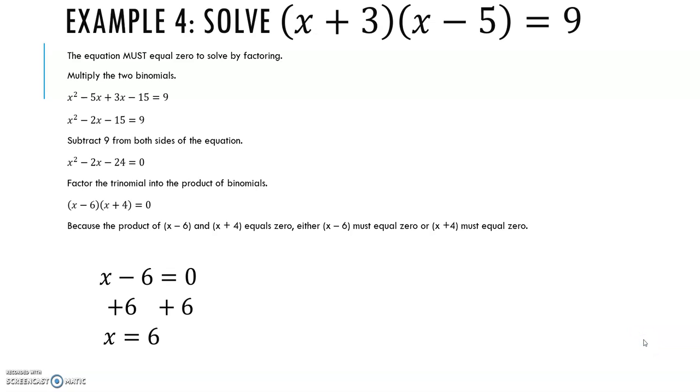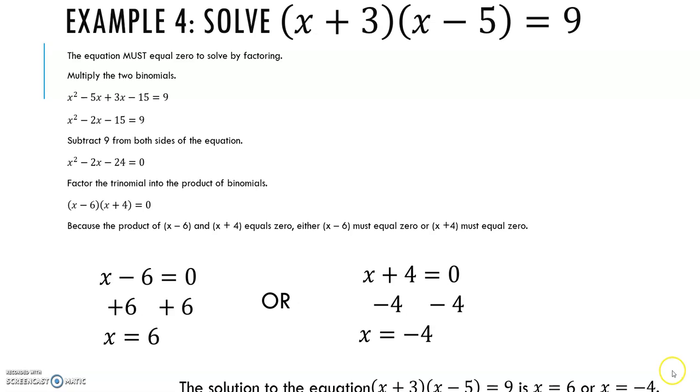X minus 6 equals 0. Add 6 to both sides, x equals 6. Or x plus 4 equals 0. Subtract 4 from both sides, and x equals negative 4. The solution to the equation x plus 3 times x minus 5 equals 9 is x equals 6 or x equals negative 4. Caution that the equation must equal 0 to solve by factoring.